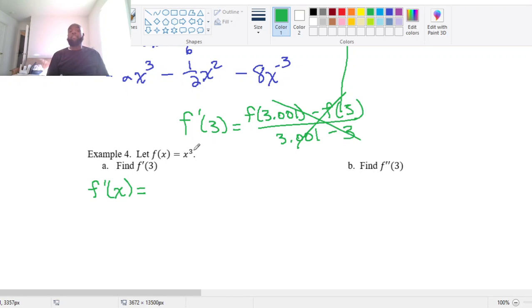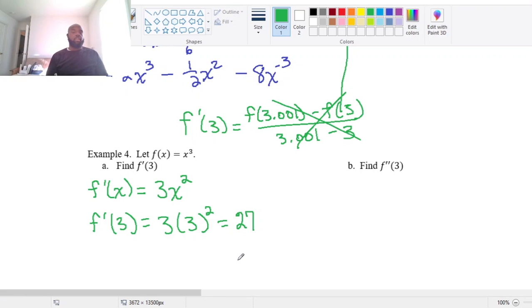I know that f of x equals x cubed, I bring that 3 out front and I reduce my exponent by 1, I get 3x squared. Now, no matter what my input value is, I can plug it in and figure out what my derivative equals, right? So that's 3 times 3 squared, that's 9 times 3, which is 27, right? And so my derivative, the slope of my tangent line at x equals 3, is 27.